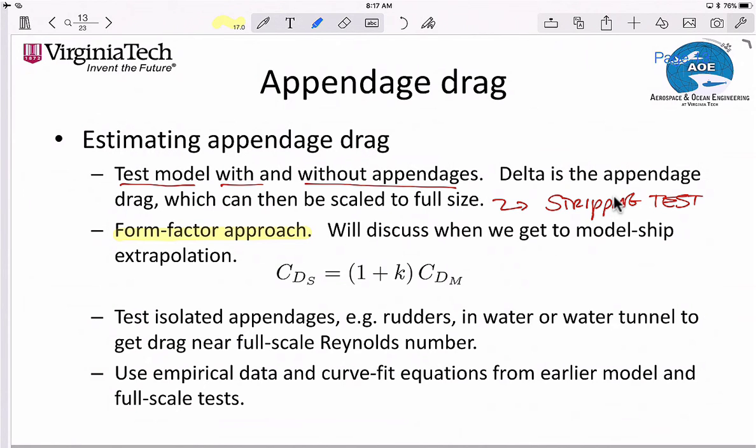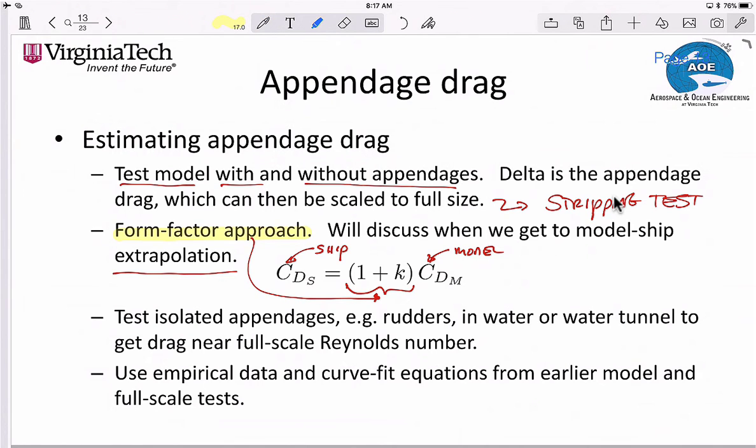You have some form factor. The form factor is 1 plus k. Okay, that's what 1 plus k is called, the form factor. And so if you know the drag coefficient for the model, you can estimate the drag coefficient for the ship. And that's the whole process of extrapolation. We'll talk about that in one of the next lectures.